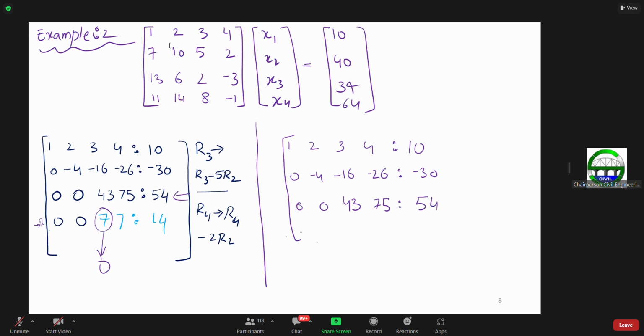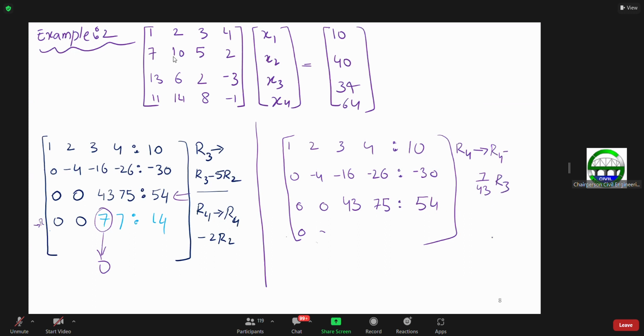And finally, this one was 0, this one. Okay, so in here, we have to apply this one. So in my opinion, R4 should be equal to, this is 7, 43 by 7 by 43. Okay, so it will be equal to R4 minus 7 by 43 into R3.